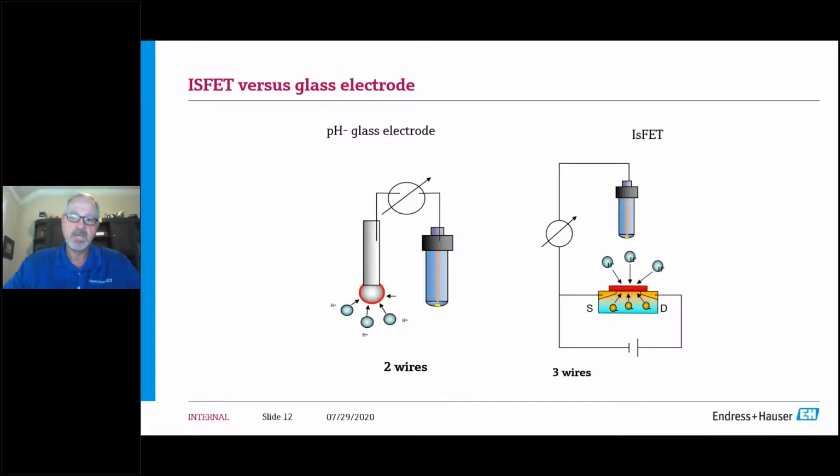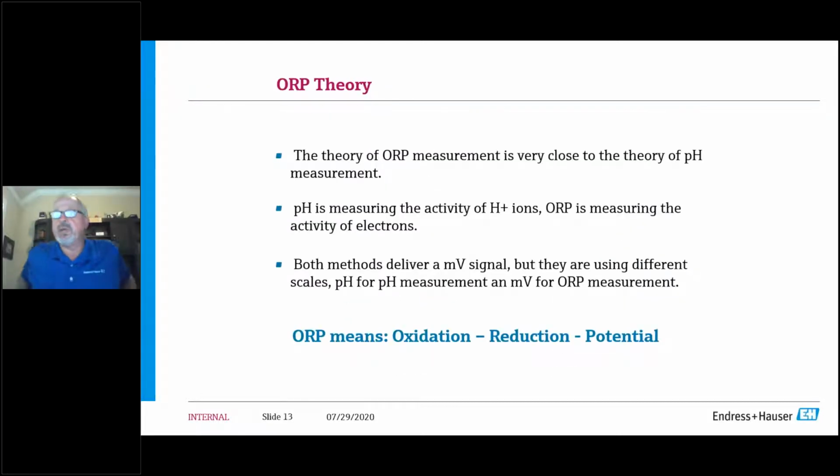Okay. Then the next electrochemical measurement that we make is ORP. ORP stands for oxidation reduction potential. And this measurement's very close in theory to a pH measurement. But pH is actually measuring the activity of the hydrogen and hydroxyl ions. ORP is measuring the activity of electrons.